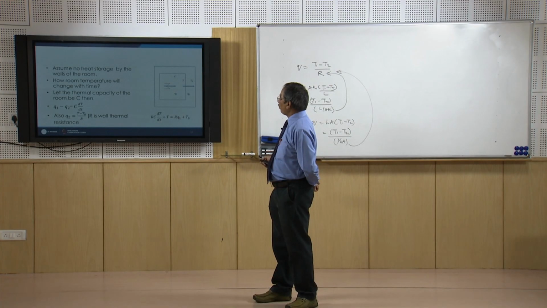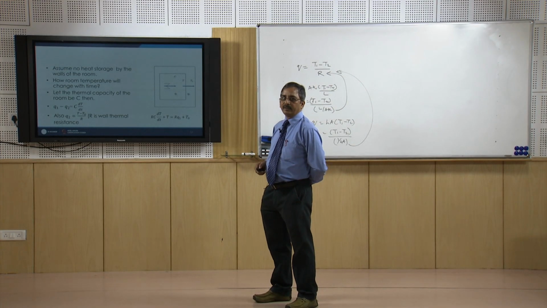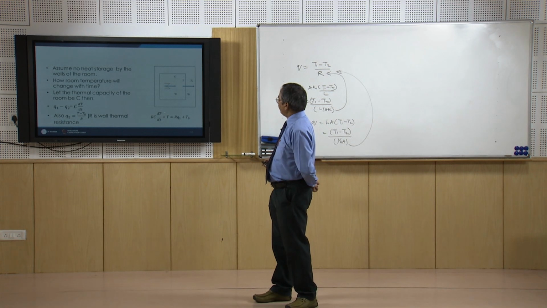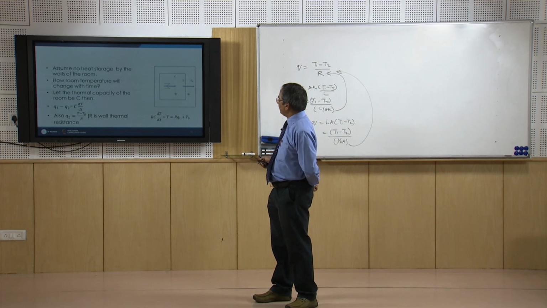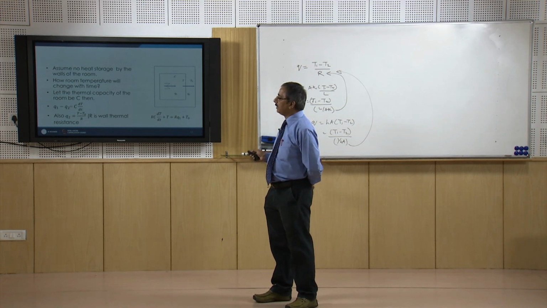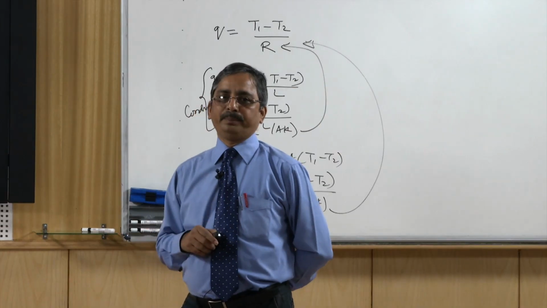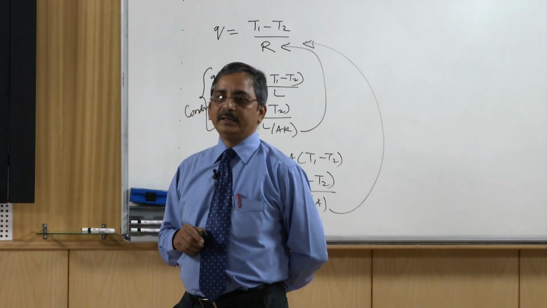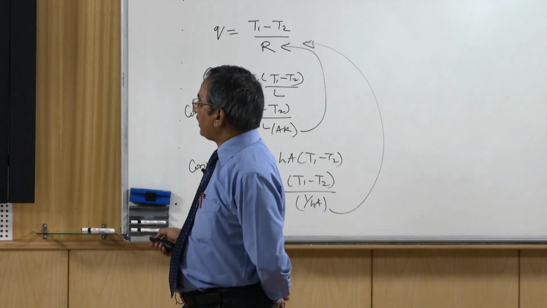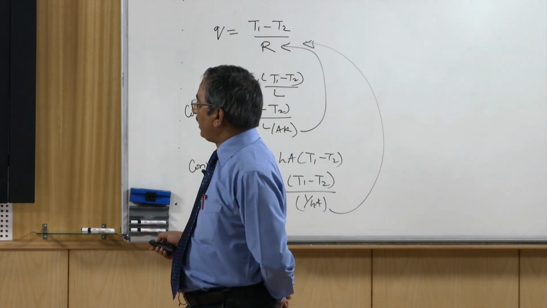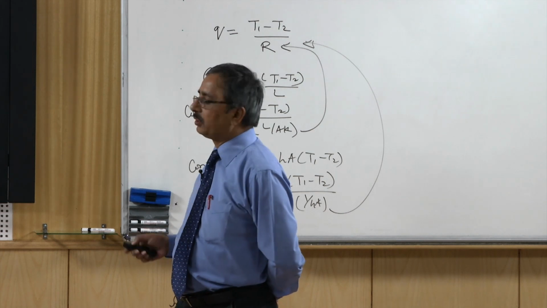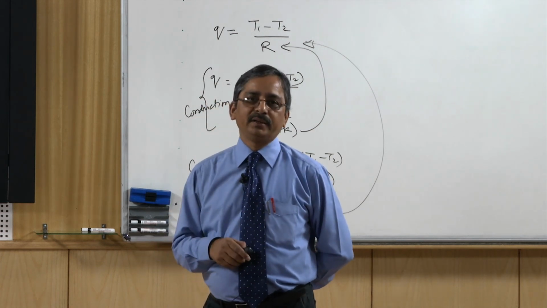The input is my Q1, and again this expression is a first order differential equation, and you can see that it tells us how the temperature of the room is going to change with time. So, for a given input of Q1, we can find out how the temperature of the room is going to change with time.